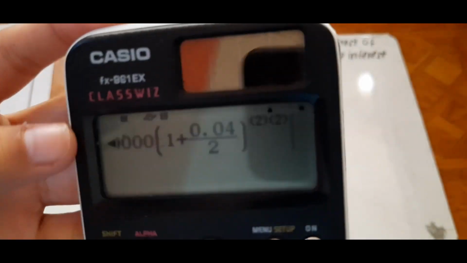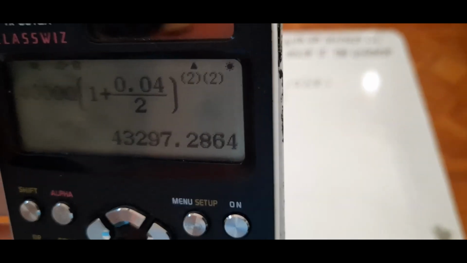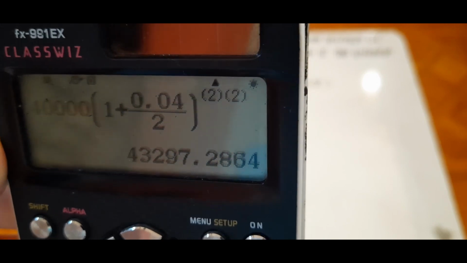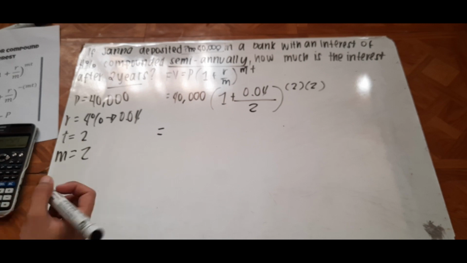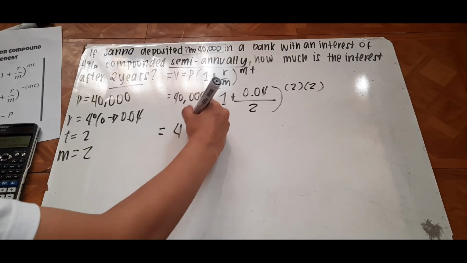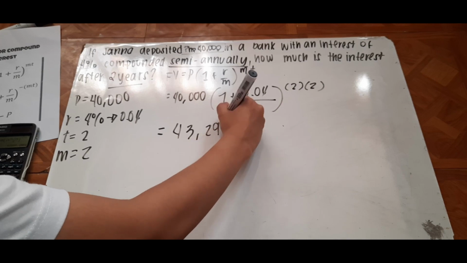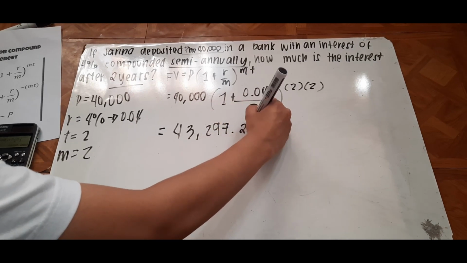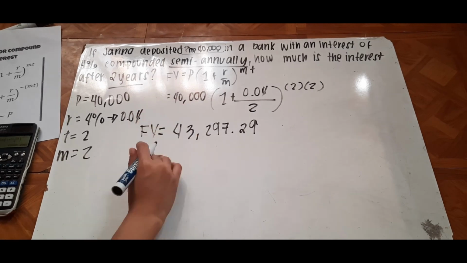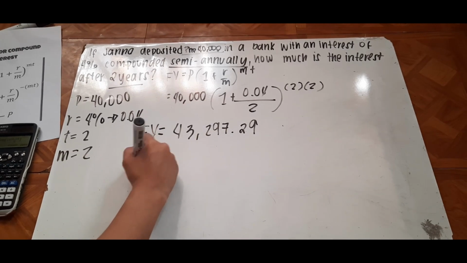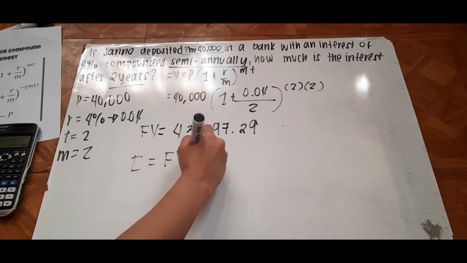So here it is, and the answer would be 43,297.29. So let's write that down, 43,297.29. But this is not the final answer since this is the future value. But we're looking for the interest, so future value minus P.